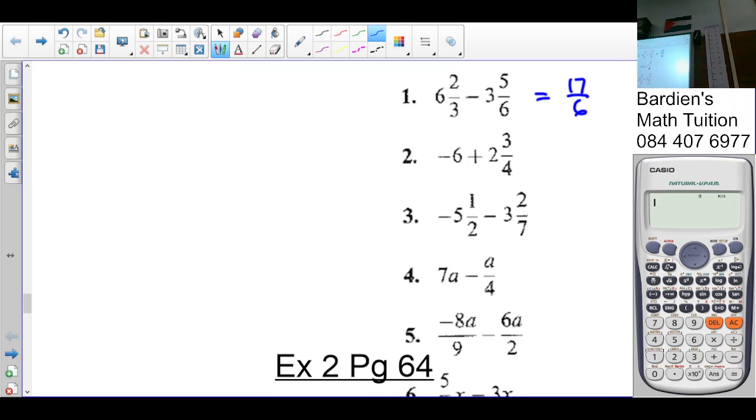Of course not. Because at 30 over 12 already, you see a common factor that can be simplified. So your answer is actually 5 over 2. 6 goes into 30 five times, and 6 goes into 12 twice. So your answer is actually 5 over 2.